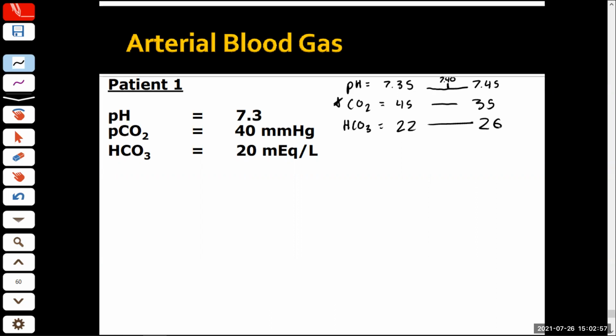Why would we flip CO2? If you notice, everything on the left-hand side, if it's a low pH, is that acidic or basic? If I have high CO2, acidic or basic? Acidic. Low bicarb? Everything on the left is acidic. Everything on the right, basic.